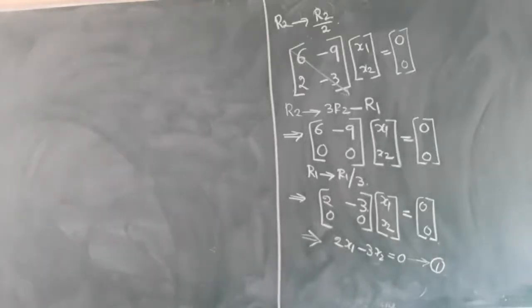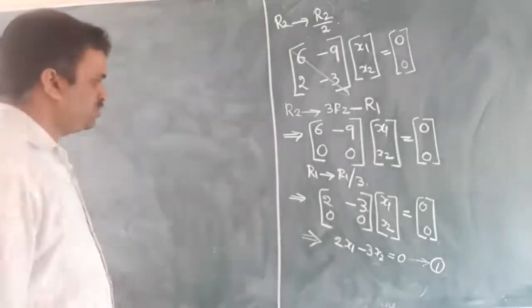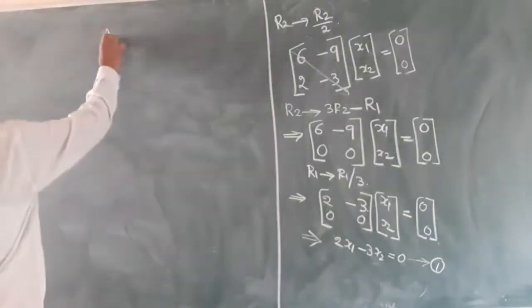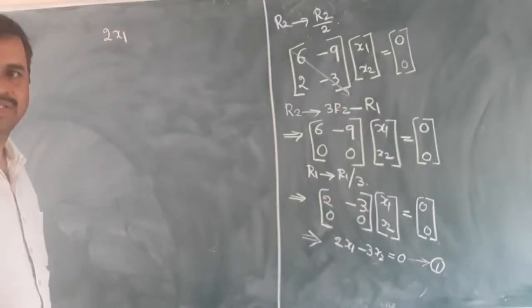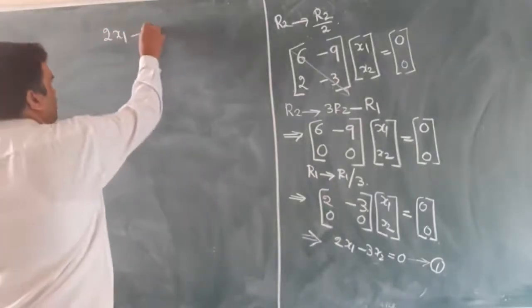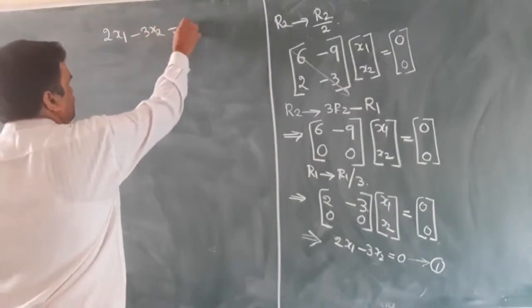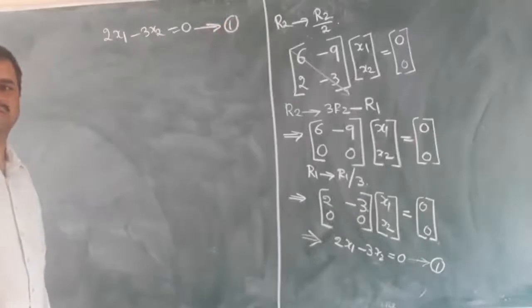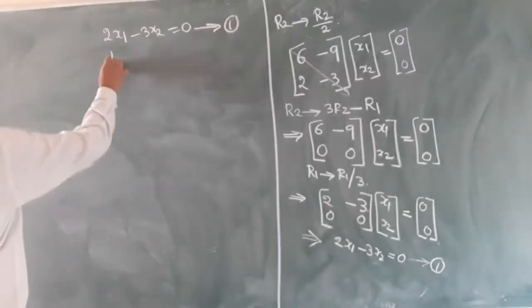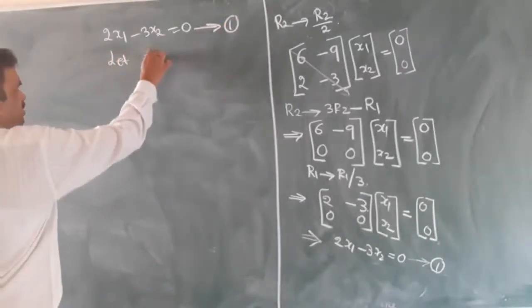Write the equation. What is the equation we have? 2x1 minus 3x2 equal to 0. We have only one equation here, so we have to assume one of the variables as k. Let x1 equal to k.